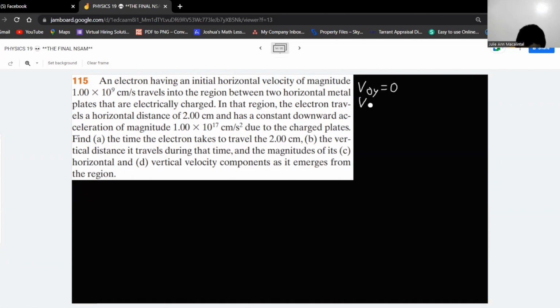The electron is moving extremely fast and its acceleration is also extremely large in magnitude. The effect of gravity is super small, so you can ignore it.